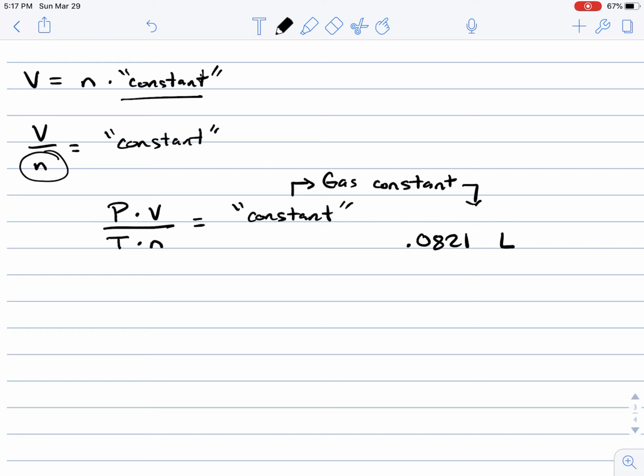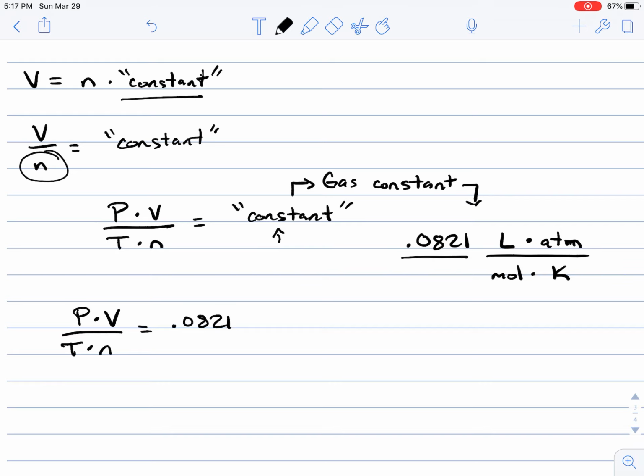The unit is going to be liters times atmospheres over moles and Kelvin. And so if we plug this gas constant into this term, we get P times V over T times N, and that's going to equal 0.0821.